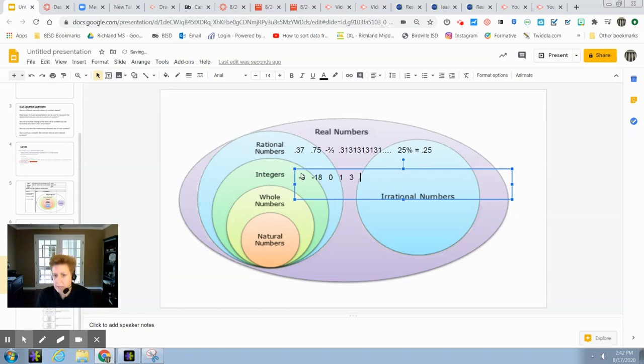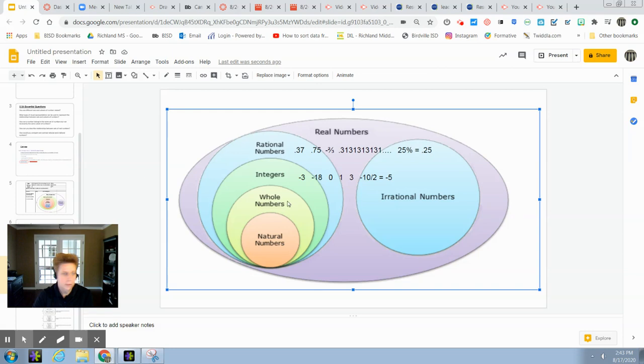And sometimes they might write it weird, like -10/2. What would that equal? -10 divided by 2 would be -5. So sometimes if you see a fraction or a percent, you need to convert it. You need to divide the fractions and convert the decimals so you can see what the number really is.